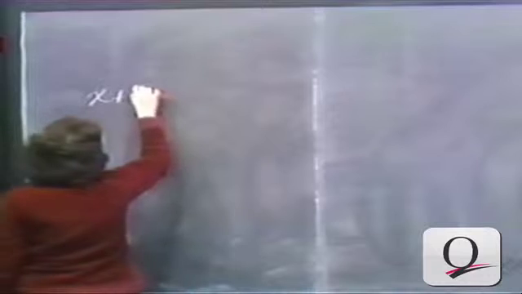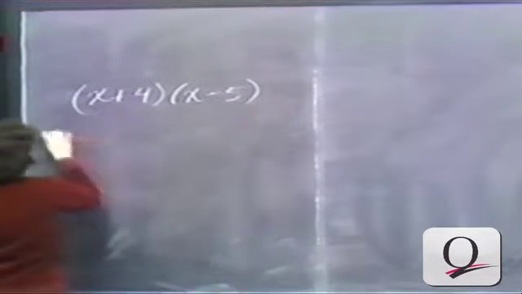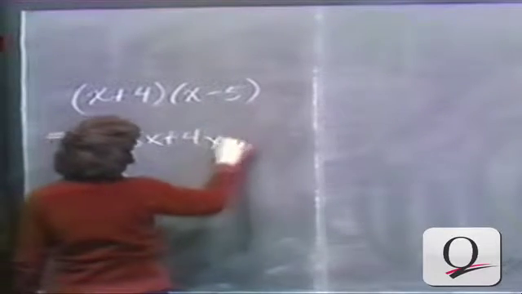Now, all of the examples that we've considered so far ended up with a positive constant. Let's try multiplying something like this, x plus 4 times x minus 5. Using the FOIL method, we get x squared minus 5x plus 4x minus 20.